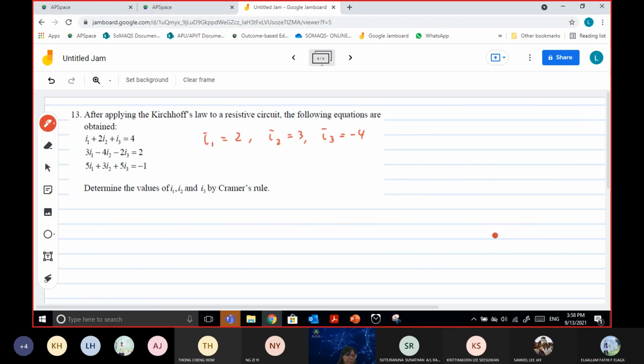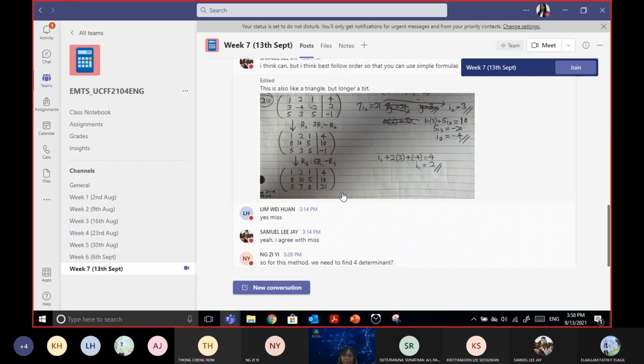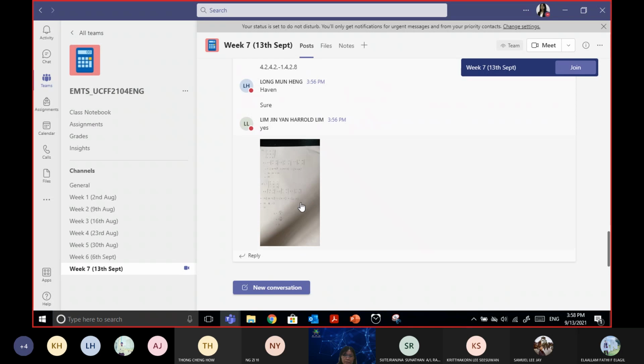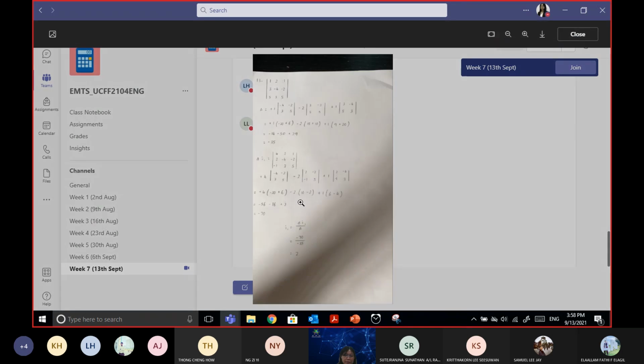After the last question 13, we can proceed to new topics. I can see the working shared by Jing Yan. Oh, no wonder there's another page, because I wondered how come only one answer.